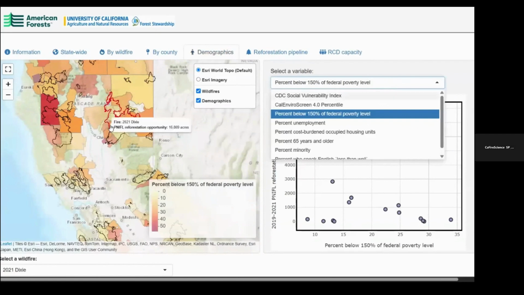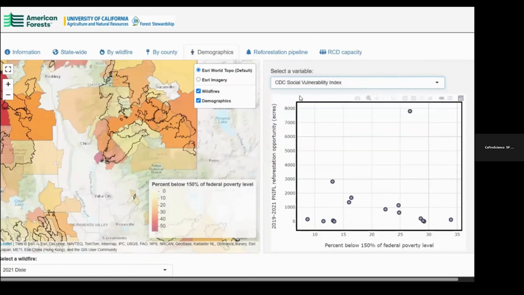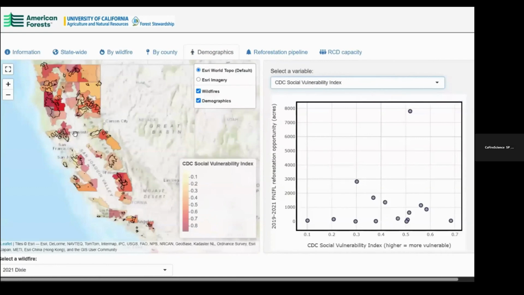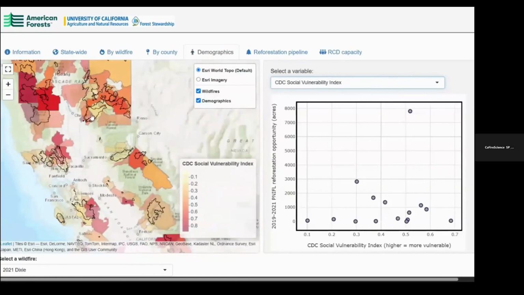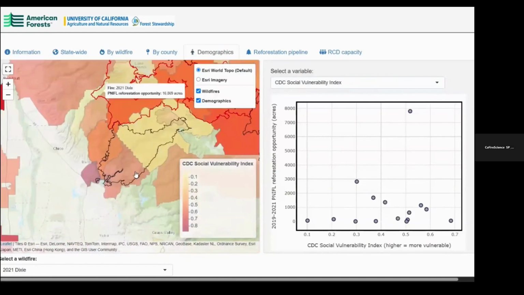So, if you're Butte County, say the app wanted to know where you were at on the CDC Social Vulnerability Index. I could go to the actual Social Vulnerability Index, of course, but it's also just nice that it's right here. So I could look at this. I could see where in the county or where in that fire footprint looks like it's maybe higher on that index and just focus my time and attention on that.